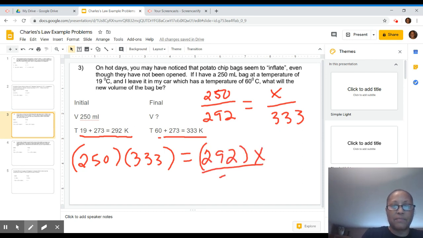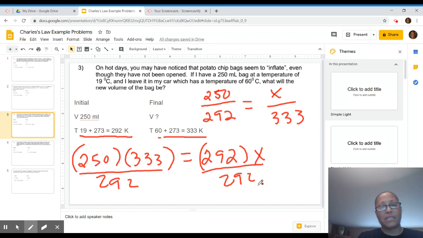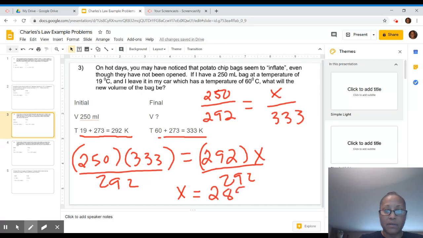I'm going to divide both sides by 292. And so when I take 250 times 333 and divide it by 292, the new volume, x, is going to equal, this is problem 3, 285. Units are going to be milliliters because my initial volume was in milliliters.